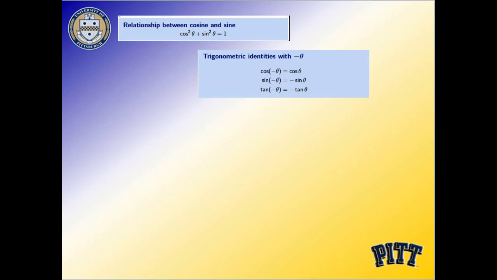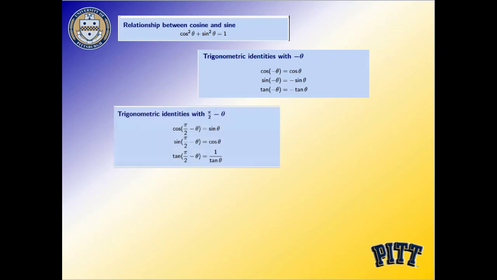Therefore, I would expect the cosine to be the same value. It's positive in both. I'd expect the sine and tangent to be negative in quadrant 4, so it's the opposite of what theta's were. And that works for every other quadrant as well. So, these identities are just the result of that whole idea behind "All Students Take Calculus."